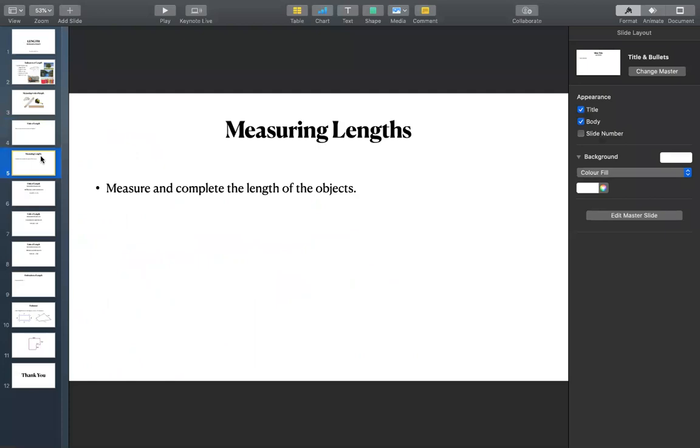Yes. Measuring of lengths. Write the subtopic, measuring lengths.